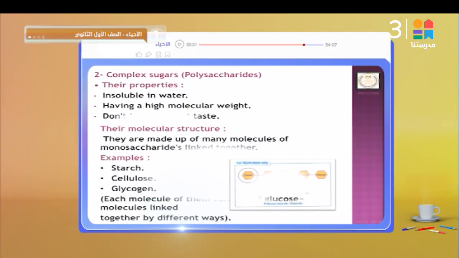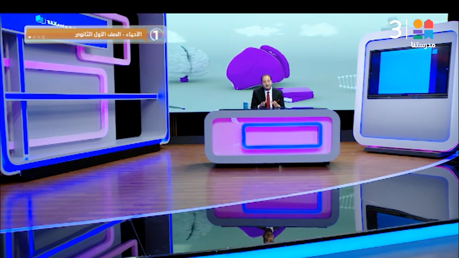Chemical formula and molecular structure: they are made up of many molecules of monosaccharides, for example starch, cellulose, and glycogen. Each molecule consists of monosaccharides linked together in different ways, by the same way of binding, removing one molecule of water between two molecules of monosaccharide.